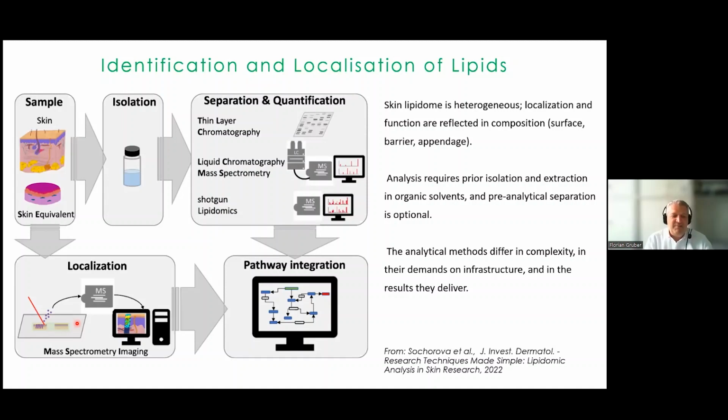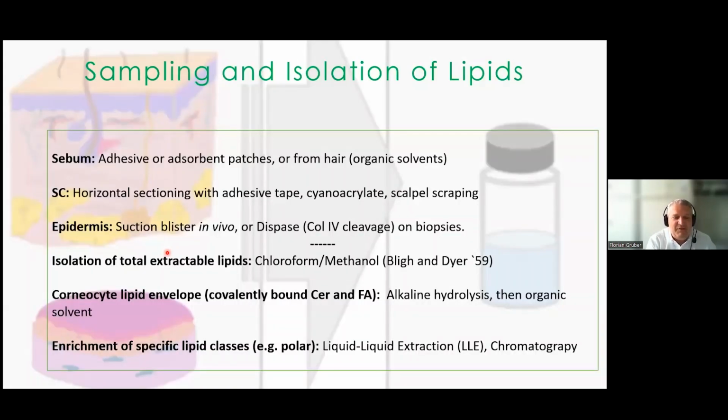Most of the new lipidomic methods generate huge data sets, so there also has to be an evolution in the data sets and in the software that handles these big data, and this is thankfully happening.